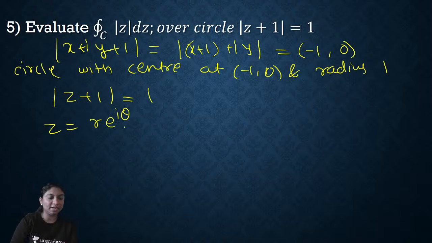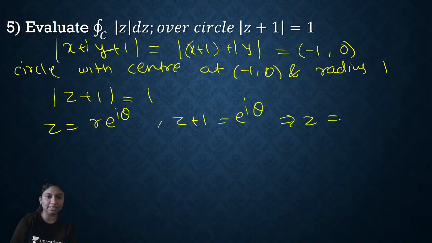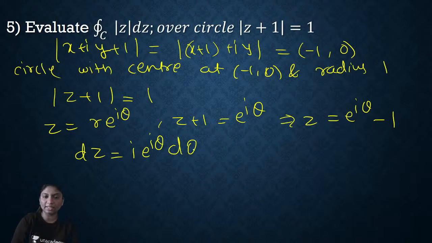So z plus 1 is equal to e raised to I theta because r is equal to 1, right? Which implies z is equal to e raised to I theta minus 1. So you will get dz is equal to I e raised to I theta d theta.